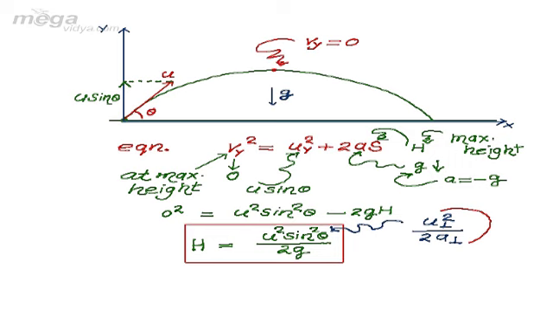Here we can also say that in case a ball or projectile is thrown vertically upward, then it reaches the maximum possible height which can be achieved by that particle with the same velocity.